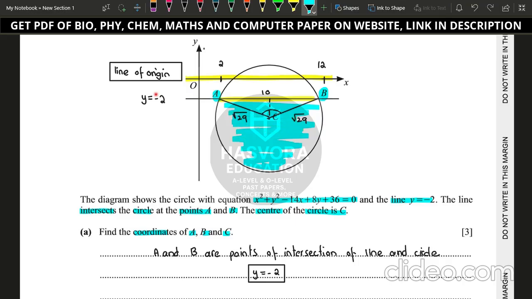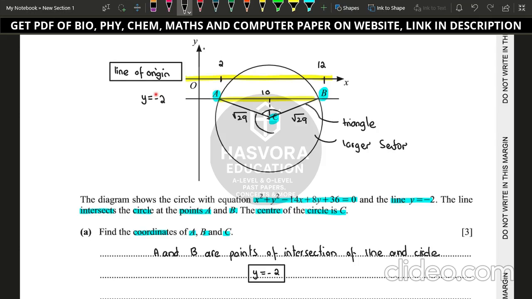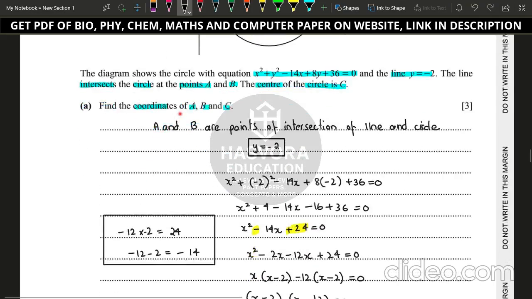Now you can see what is included in the larger segment. First of all, we have the triangle that we have seen. And then we have this larger sector, but for the larger sector you also have to find the angle of it. This is going to be the angle of the largest sector, which we are going to obtain by subtracting from the 2.38 radians.